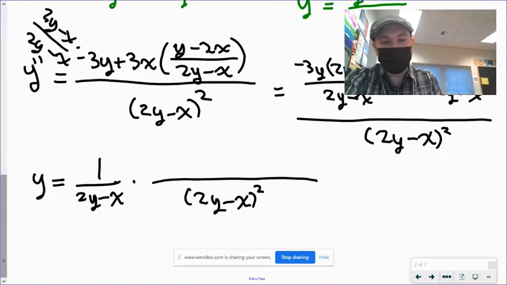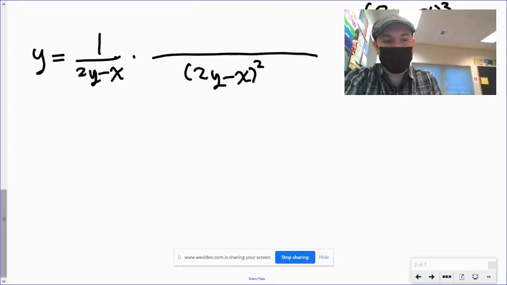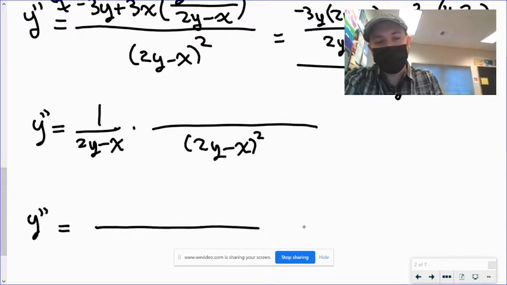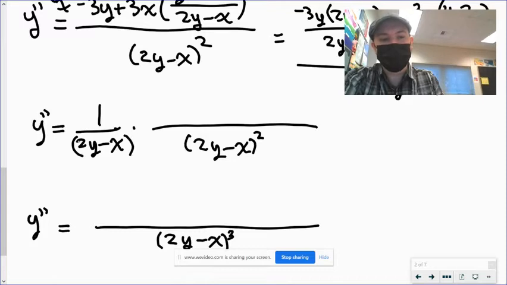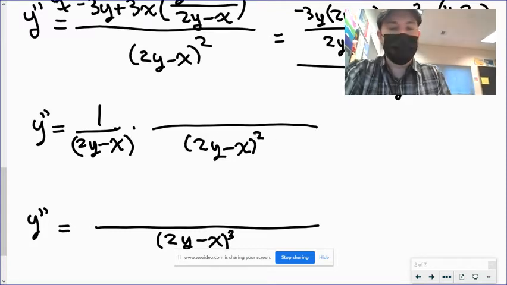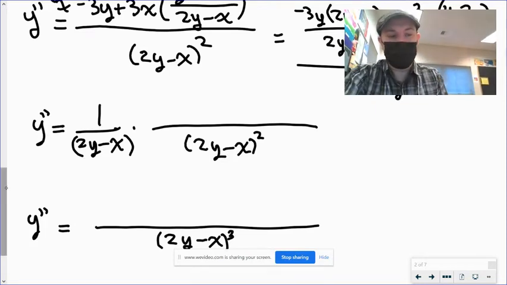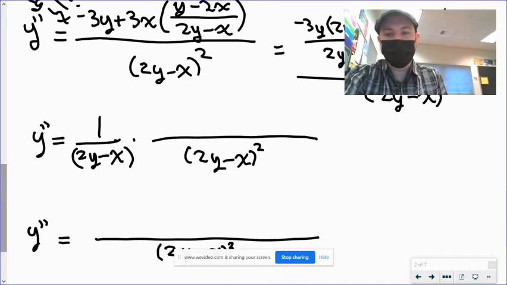Actually, let's just keep going with just the denominator for a moment. What happens in the next line is we're going to get whatever our numerator simplifies to over 2y minus x to the third power when I multiply this 2x minus y times the 2y minus x quantity squared. So that's how our denominator will simplify.